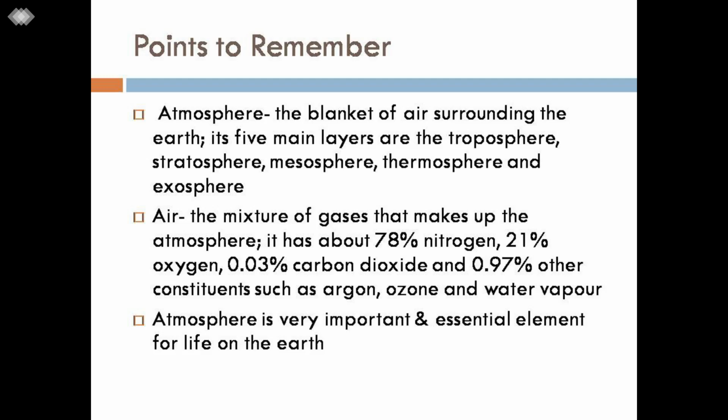Its five main layers are the troposphere, stratosphere, mesosphere, thermosphere, and exosphere. Air is the mixture of gases that makes up the atmosphere. It has about 78% of nitrogen, 21% of oxygen, 0.03% carbon dioxide, and 0.97% other constituents such as argon, ozone, and water vapor. Atmosphere is a very important essential element for life on the earth for the living beings.